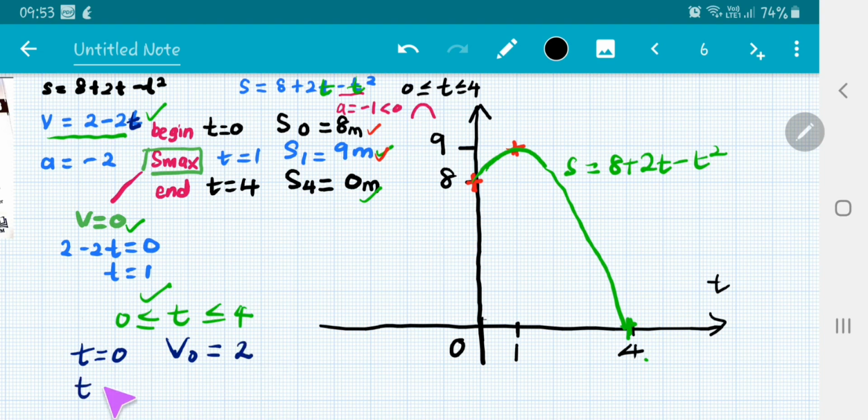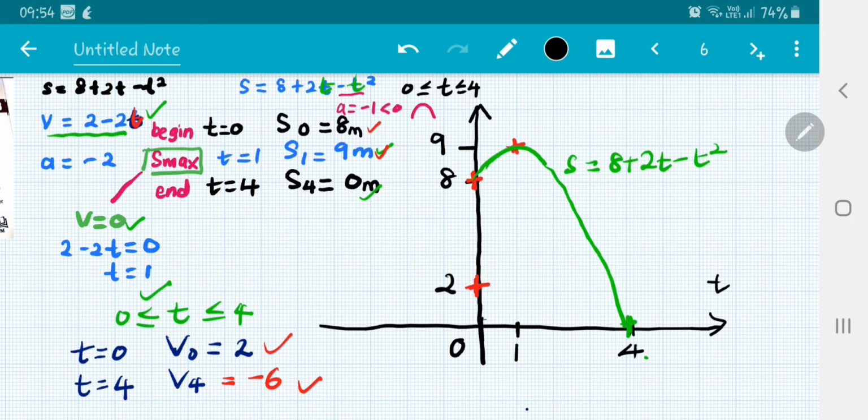And when t is 4, v at 4 seconds, if you substitute t as 4, 2 minus 8 becomes negative 6. So let's plot (0, 2) here, and (4, -6).